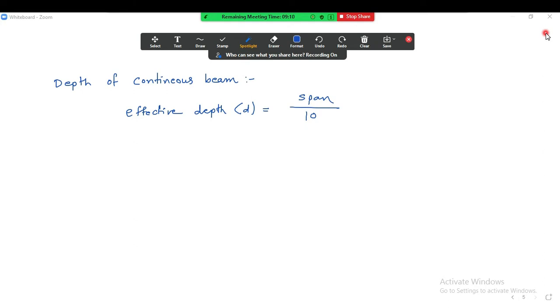Okay, so now while finding out the depth of the continuous beam, effective depth d is equal to span divided by 10. And we are going to use the same clauses which we have used for the design of continuous slab. The details we will see in the numerical itself.